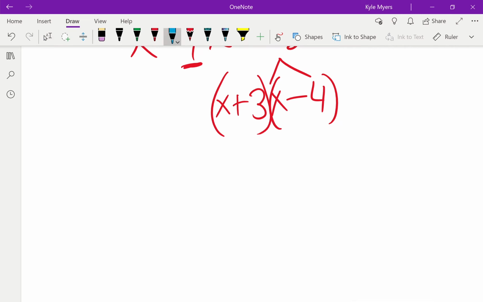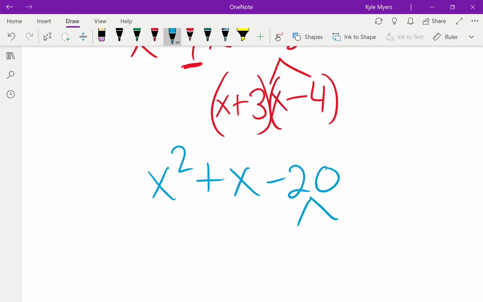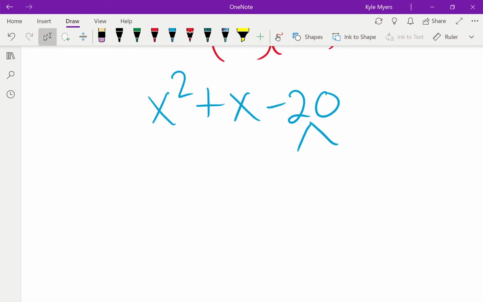All right, so let's crank out that last one, which was x squared plus x minus 20. If you get better at this over time, you can just think of them in your head. 1 times 20 is 20, but that would be 19, so that's not going to work. 2 times 10 multiplies to give me 20, but if I subtract, it gives me 8.